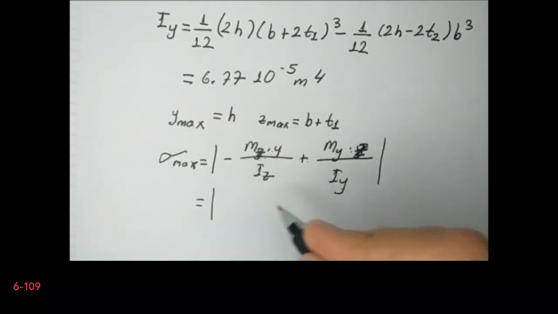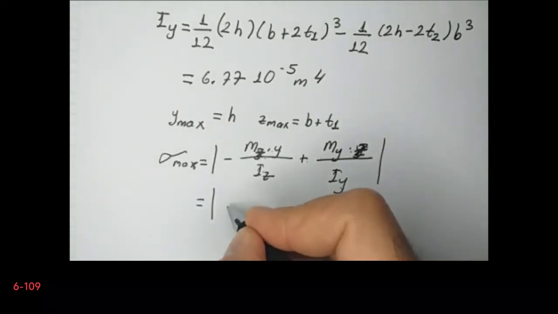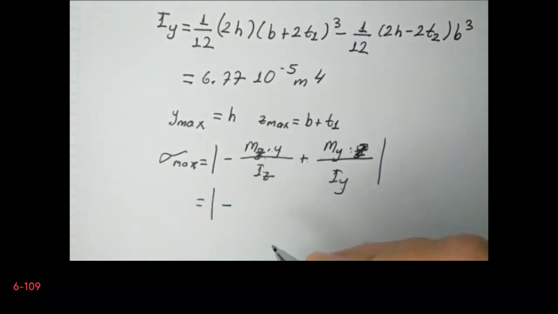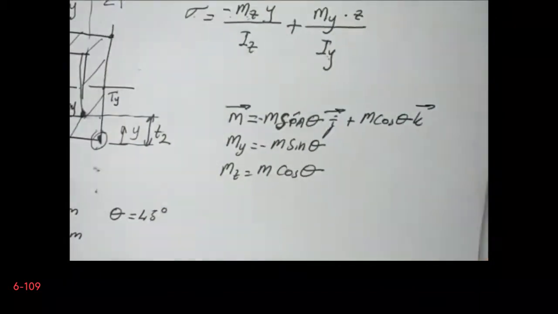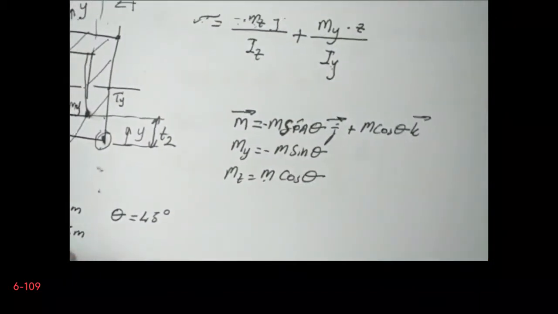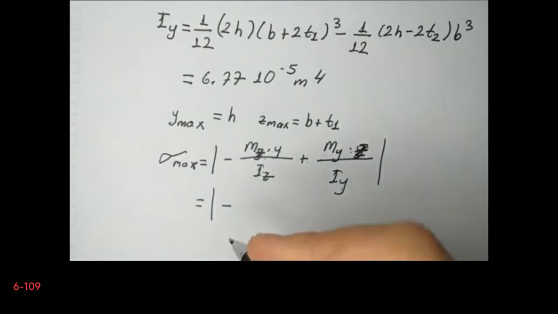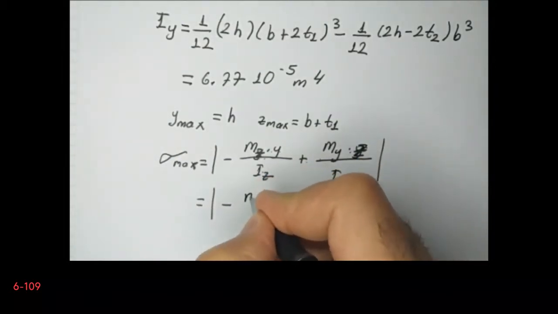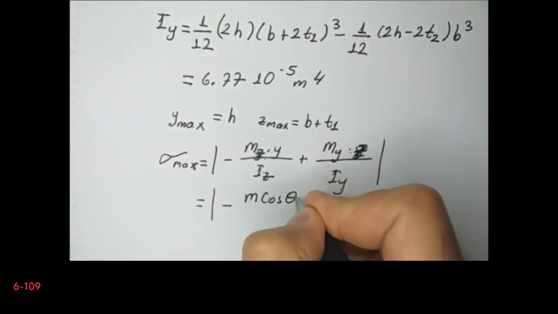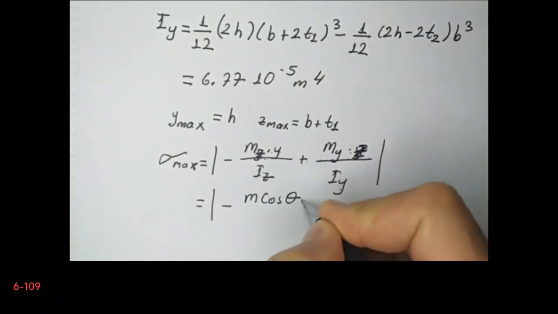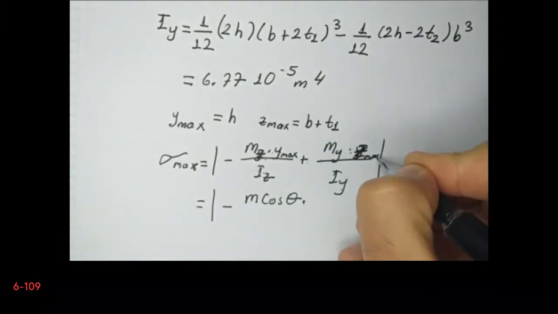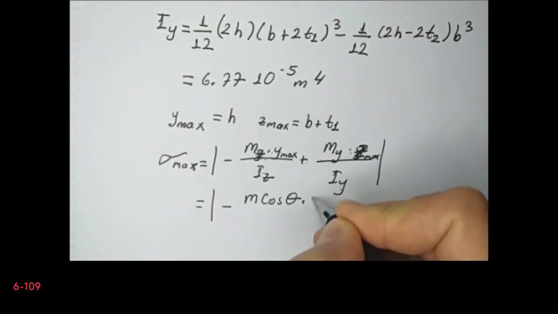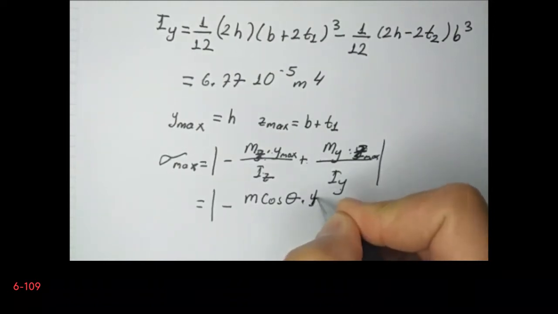So this is minus. Remember that Mz is equal to M multiplied by cosine theta, multiplied by, so these are the maximum, we can put y max, so this is h, divided by Iz.